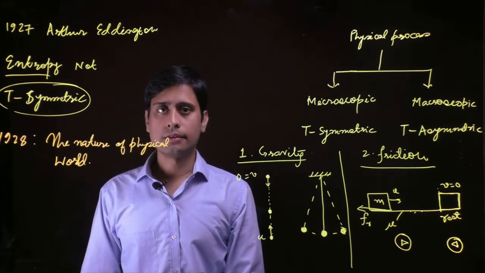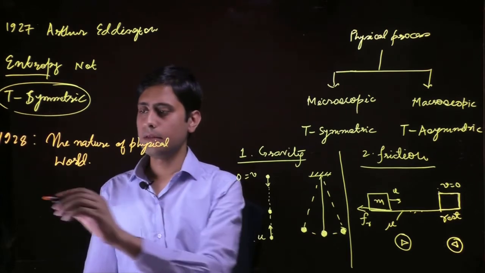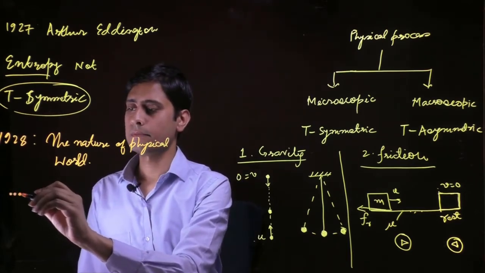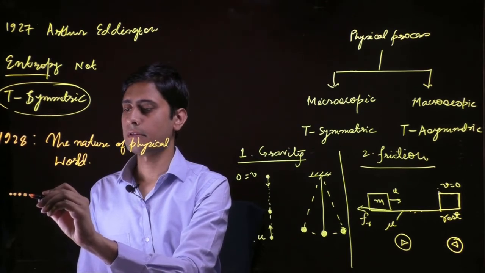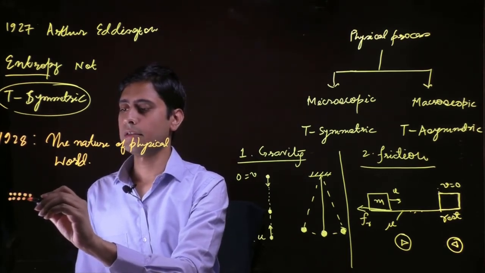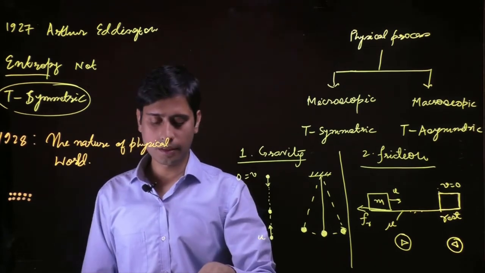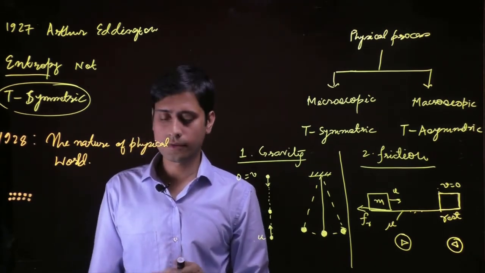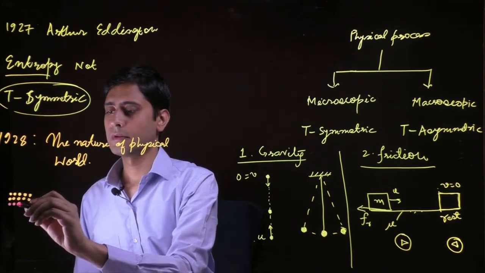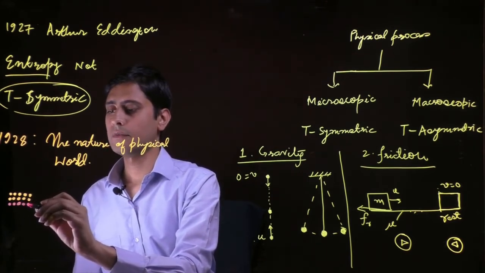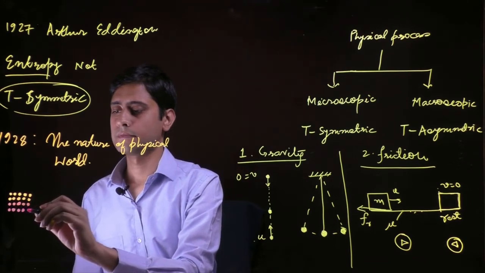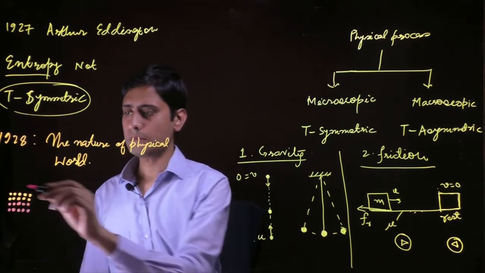What he said can be understood by a small problem. Just take some molecules which are arranged in this way, and there are other molecules which are arranged in this way. They are marked with different colors.